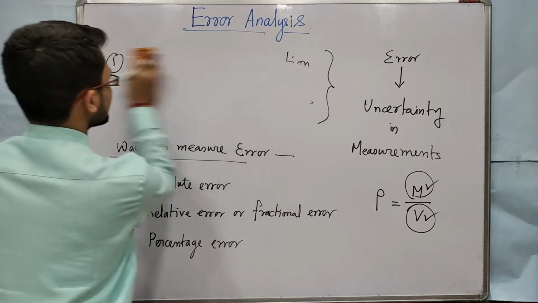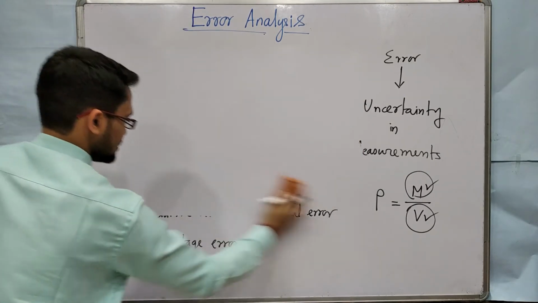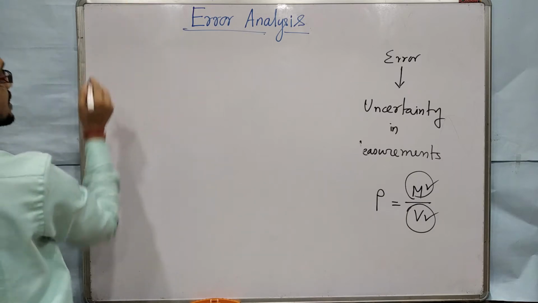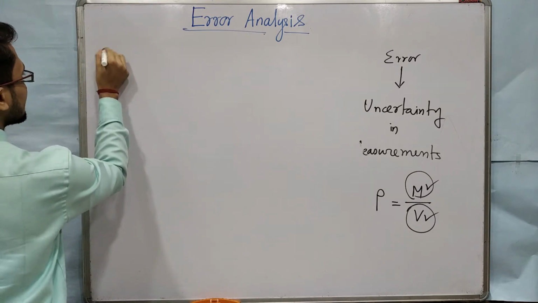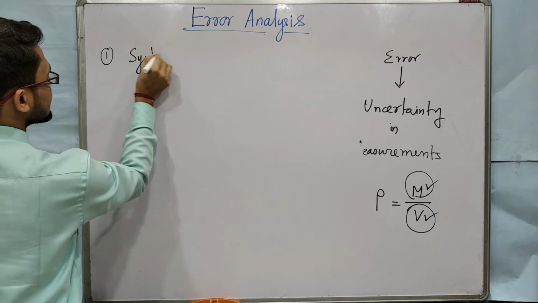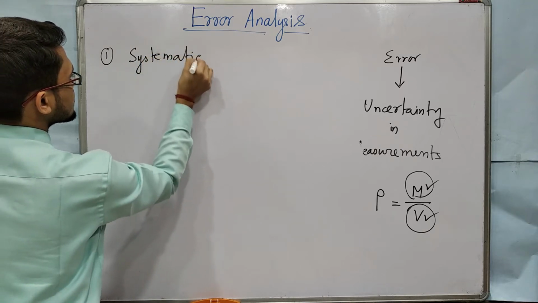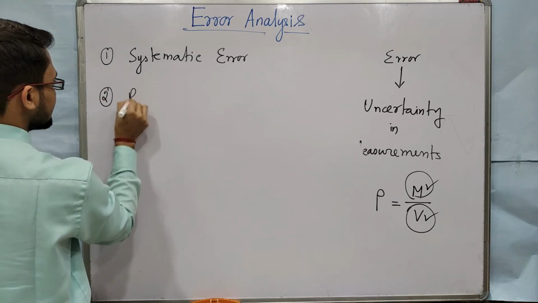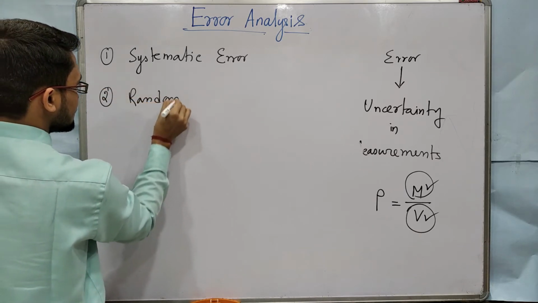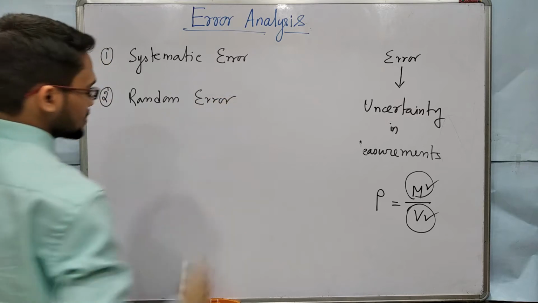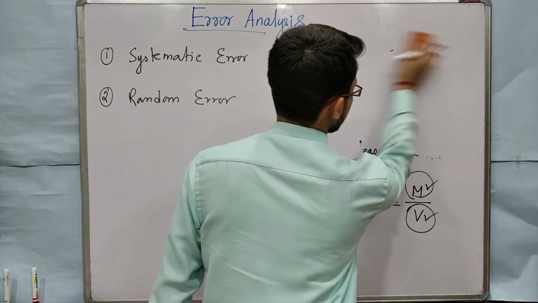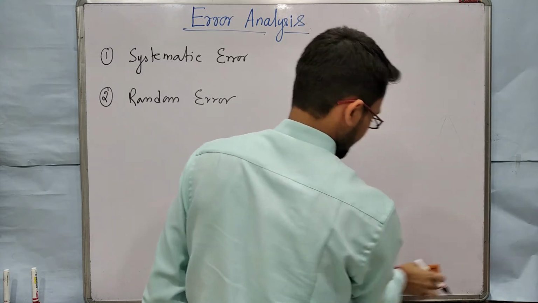So I am erasing this part. There are two kinds of error when we measure this kind of physical quantity using some instrument. First one is systematic error, and second one is random error. Now this systematic error arises due to a few reasons.